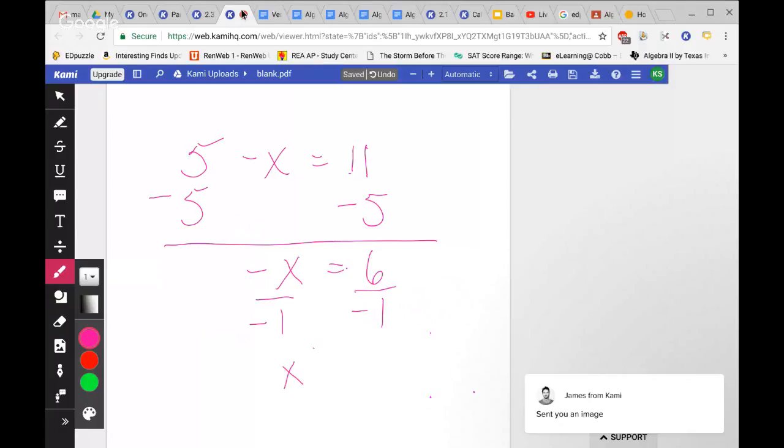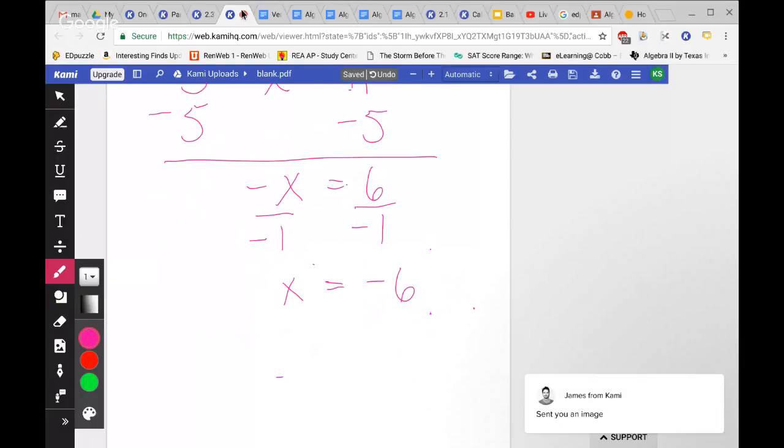Oh, okay. And that turns it to x equals -6. And to check it, since that one's kind of funky, let's plug it back in. 5 minus -6 equals 11. And when you have a minus minus, that turns into plus, right? Mm-hmm. So it's true.